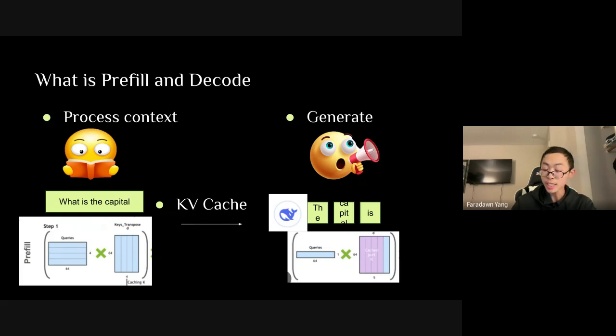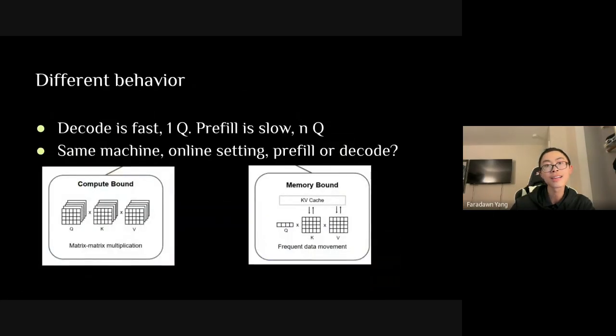It avoids recomputing the context. That's why it's called cache. As we have mentioned, the behavior is very different. Decode is very fast, processing only one token at a time, but prefill is very slow.